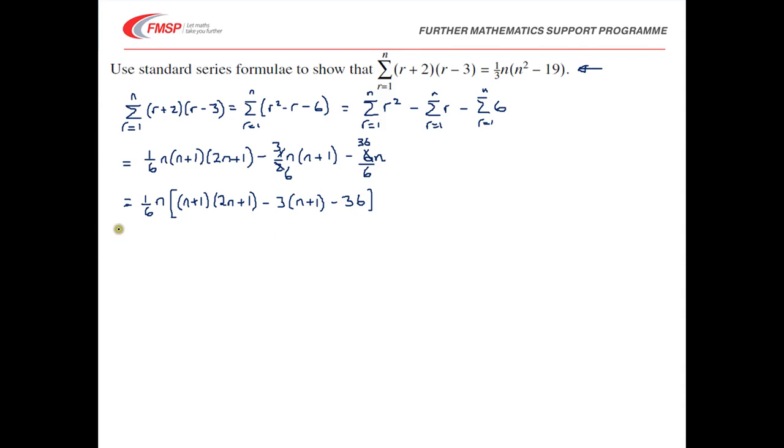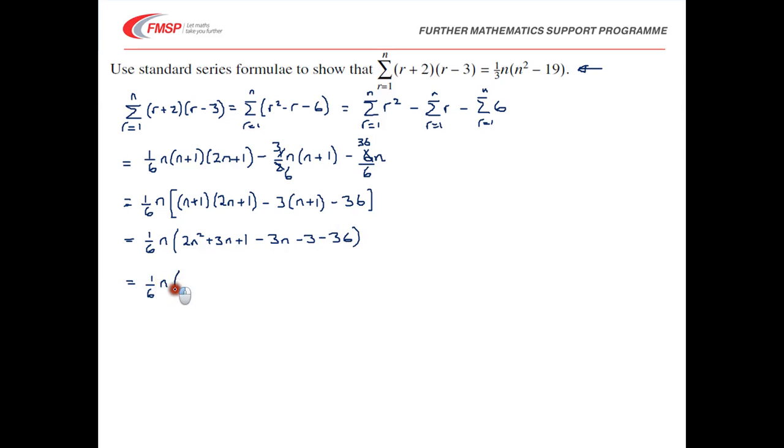And now, if we multiply out and collect terms, everything should fall out and end up with the answer that's given. So multiply out the first brackets, 2n squared plus 3n plus 1, and then the second bracket, take away 3n, take away 3, take away 36.